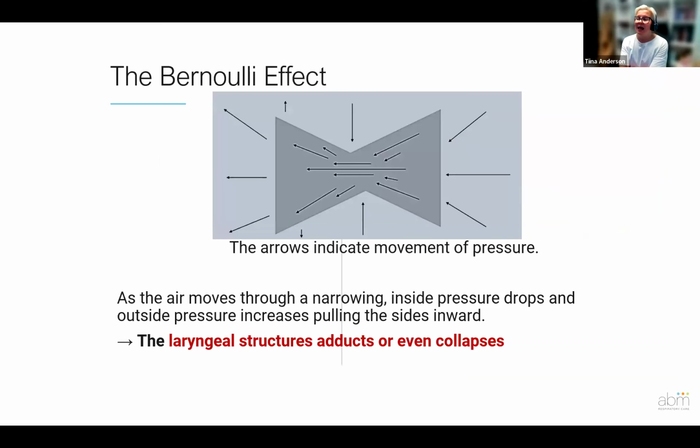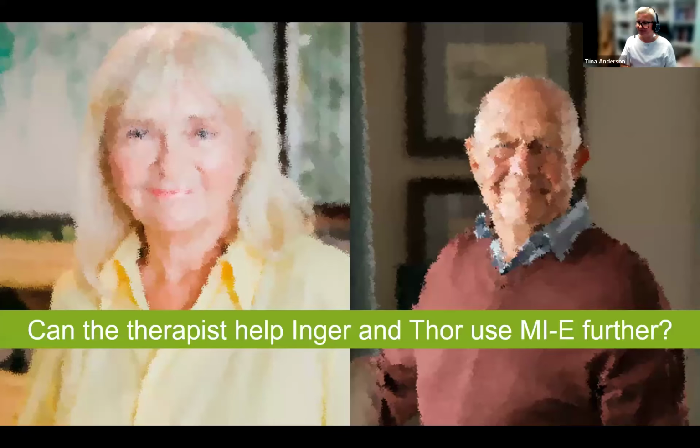It also can be based on physics, the Bernoulli effect, which means that when we push a positive pressure through a narrow tube, for instance through the larynx, the inside pressure suddenly drops and outside pressure increases, pulling the sides inward, and the structures actually collapse. So in Inger and Thor, it can be that the structures are getting weaker or we are using too high pressures to provoke this.